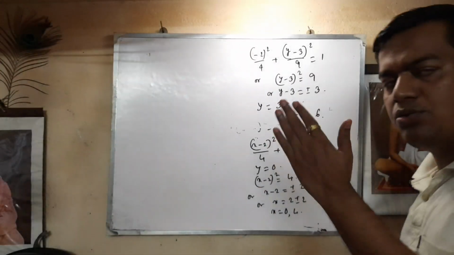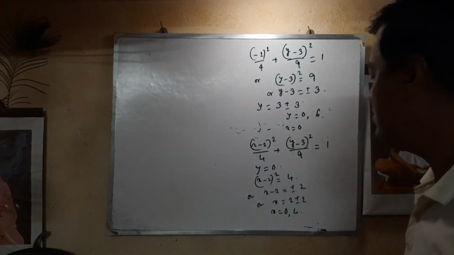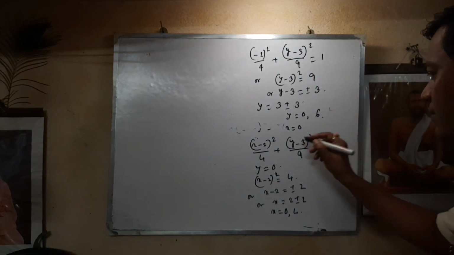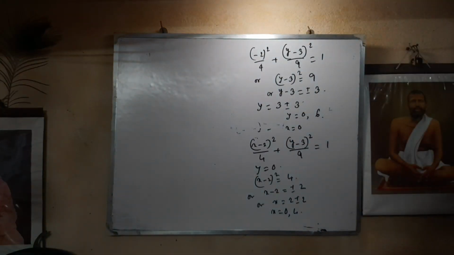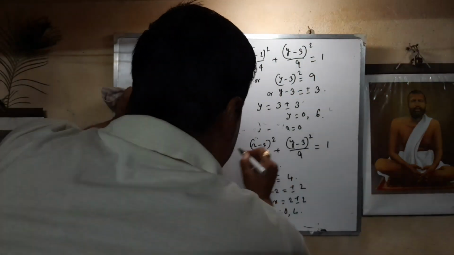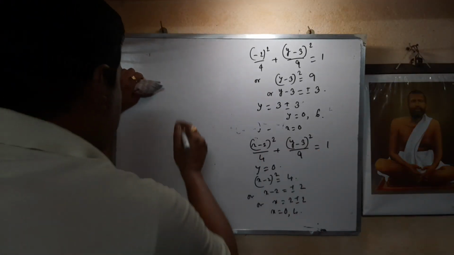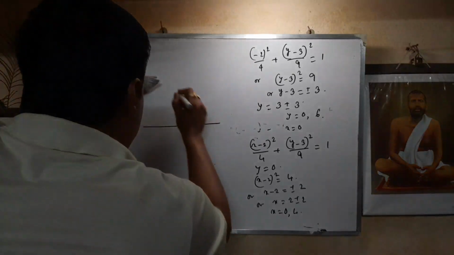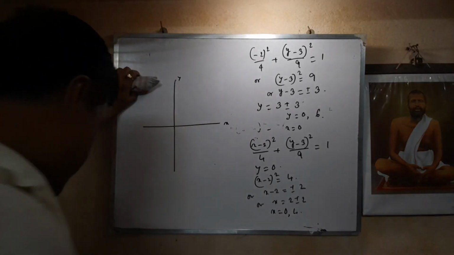I know that there are two major axes of the ellipse: one is x − 2 = 0 or x = 2, and y − 3 = 0 or y = 3. So let us sketch the graph. And you all know that the length of the semi-minor axis is less than the length of the semi-major axis. It is x, it is y.